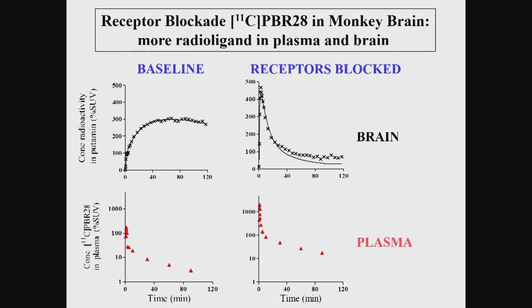And you can see in this case that there's a much different curve. So there's an early and higher peak. It's rapidly washing out of the brain. And in the plasma, the concentration is much, much higher. Like this is almost 10-fold higher. Okay. Well, how can we understand this kinetics?